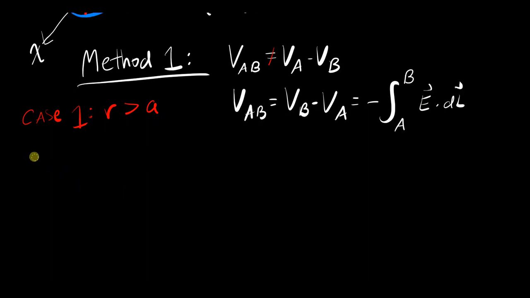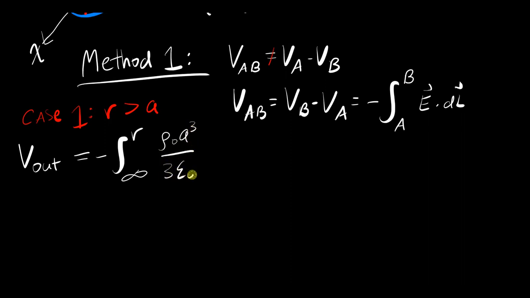That would make our integral for the potential outside, when r is greater than a, equal to the negative integral from infinity to r, as we just talked about. Then you put the electric field outside the sphere in here, so that would be rho a cubed over 3 epsilon naught, dr. Once you solve that, you end up with rho a cubed over 3 epsilon naught r.